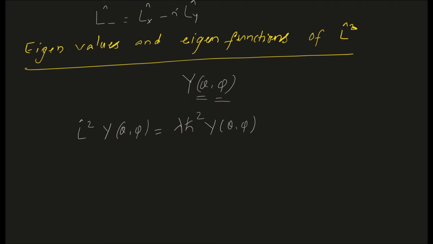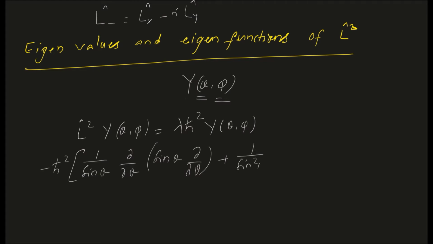So if we substitute for L square from the spherical polar coordinate representation we have seen just before, this can be written as minus h cross square into 1 by sin theta dou by dou theta sin theta dou by dou theta plus 1 by sin square theta dou square by dou phi square, then Y theta phi is equal to lambda h cross square Y theta phi.